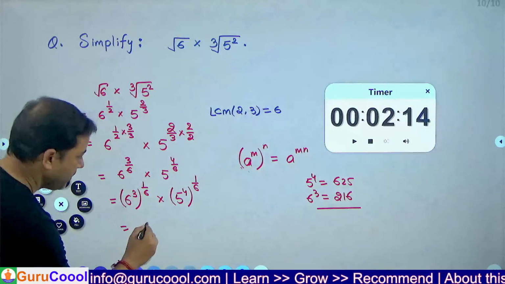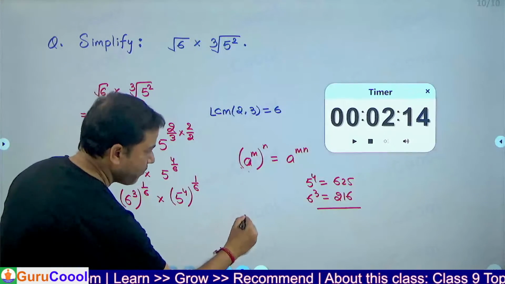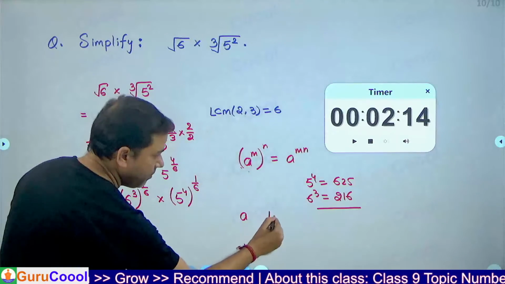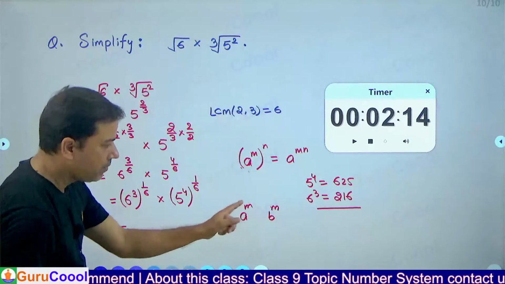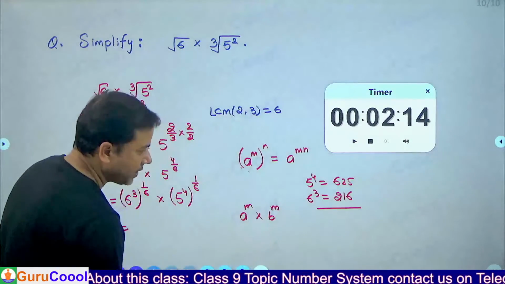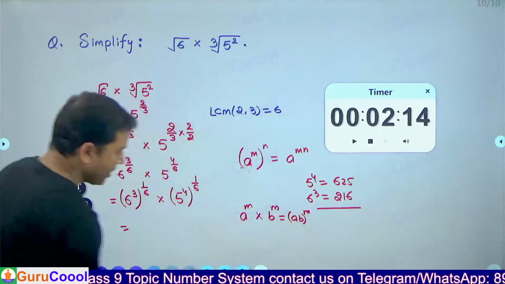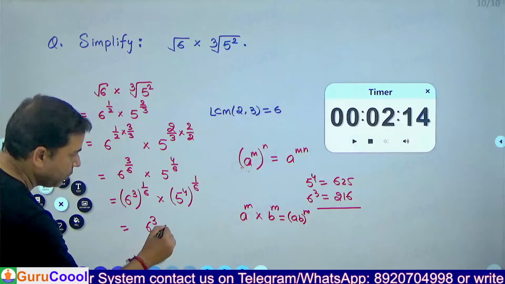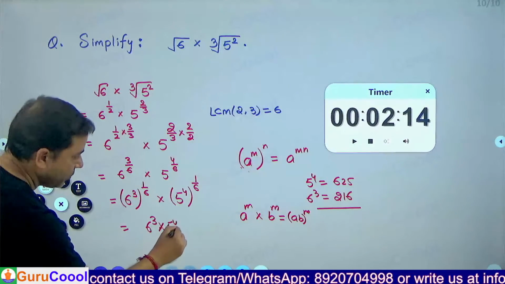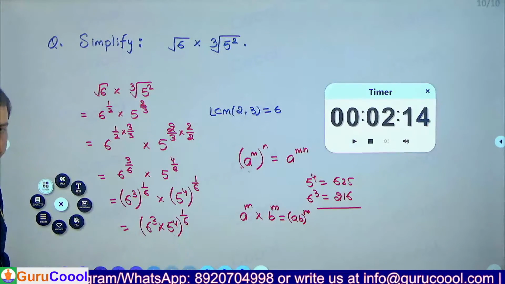Now the law of exponent for this situation is this: base is not the same, powers are the same. Multiply sign between, so ab raised to the power m. I can multiply the bases together: 6 raised to the power 3 into 5 raised to the power 4, and the power together. Is it valid?